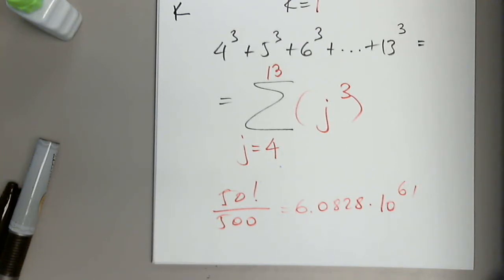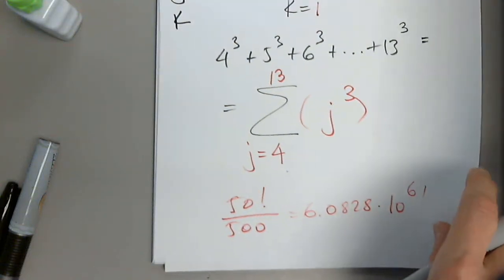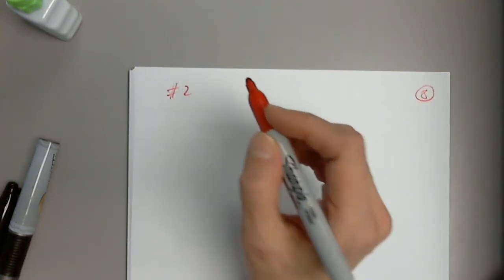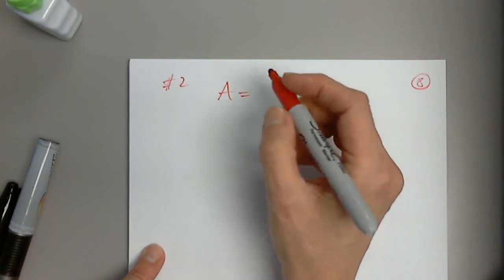Anything else? Can we do number 2? Yes. Which says what? It's a compound interest formula. I know the formula, so just give me the amount. Let's see.